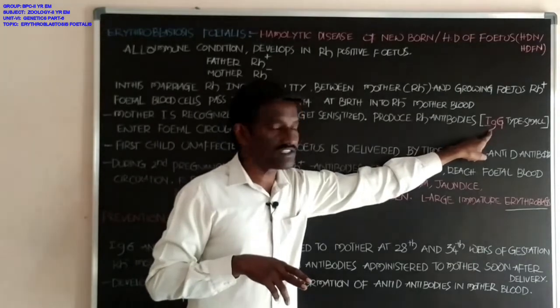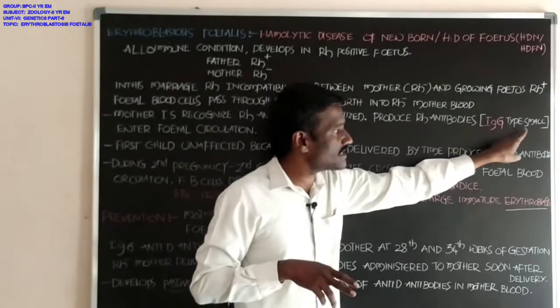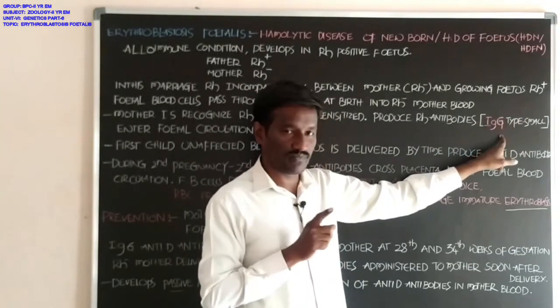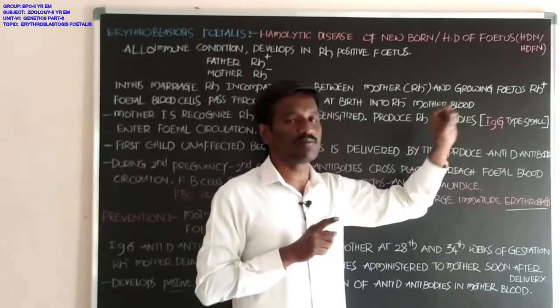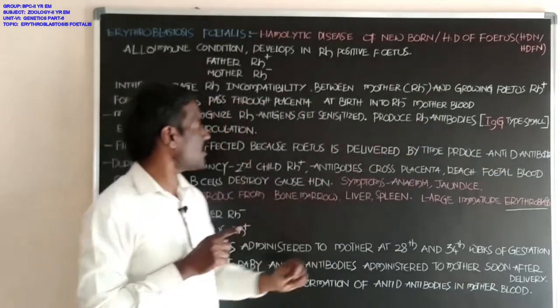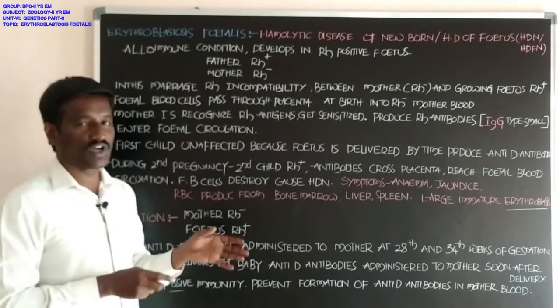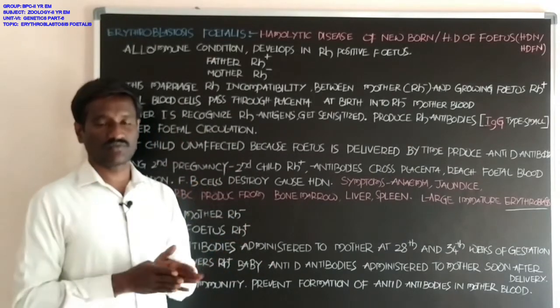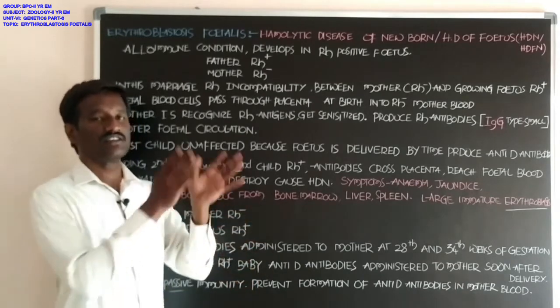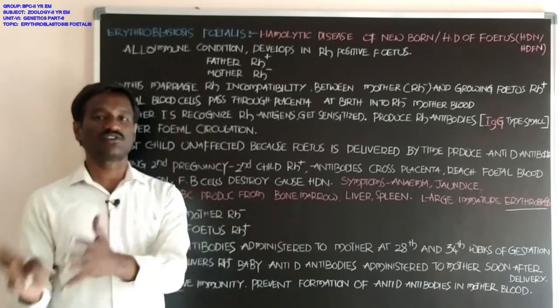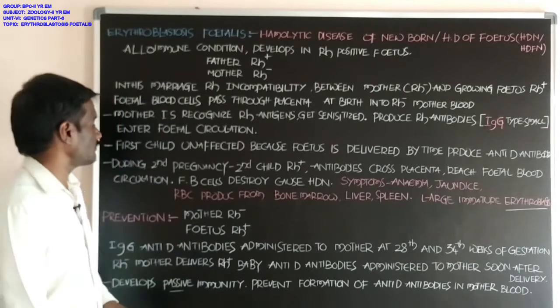Structurally these are IgG type, the smallest of all antibodies. IgG type Rh antibodies enter the fetal circulation through the placenta.